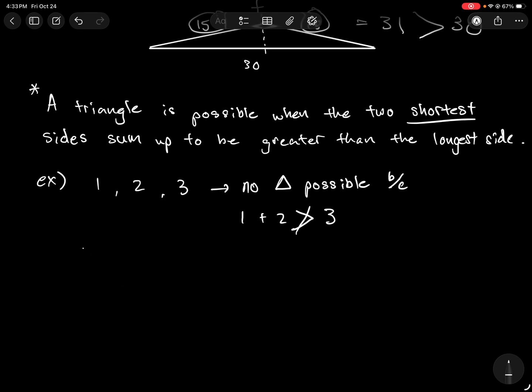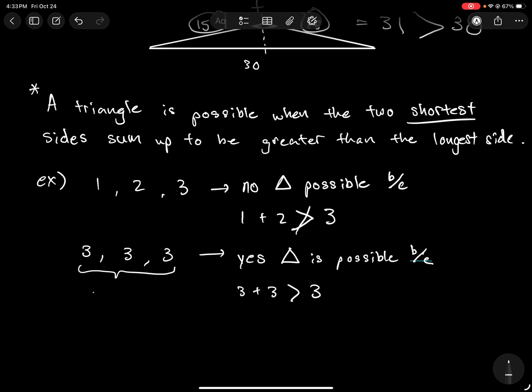We can do something like 3, 3, and 3. This would be yes, a triangle is possible, because 3 plus 3 is indeed greater than 3. And in fact, if you notice, this would be an equilateral triangle.